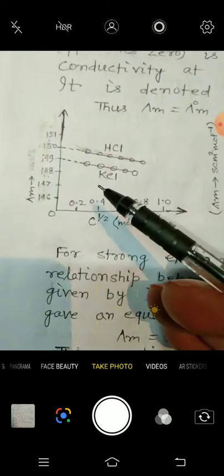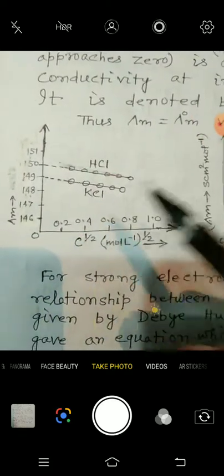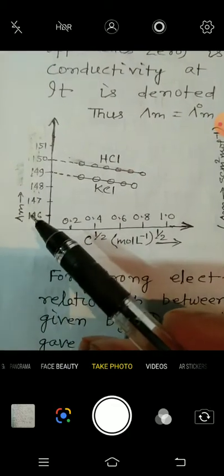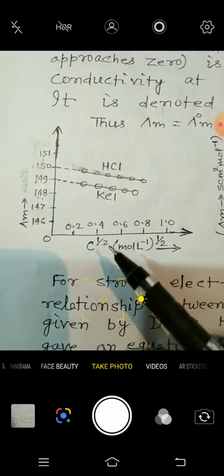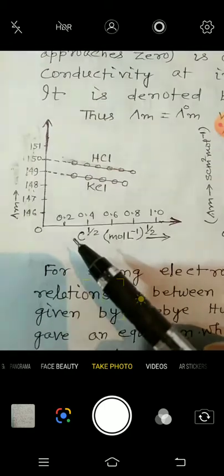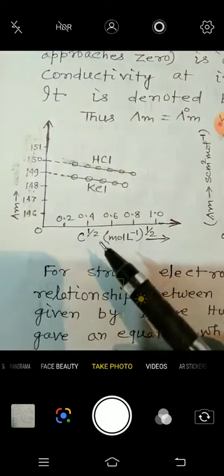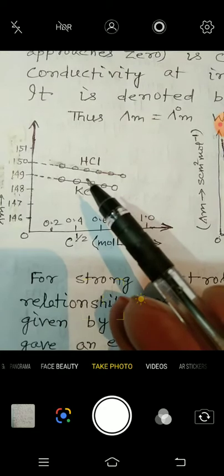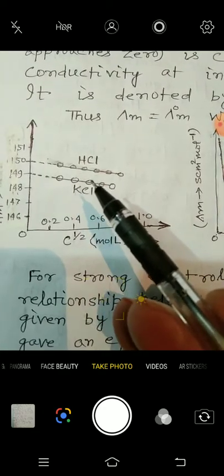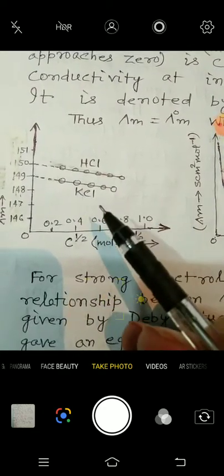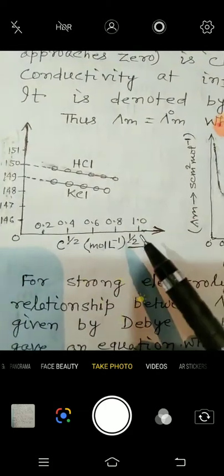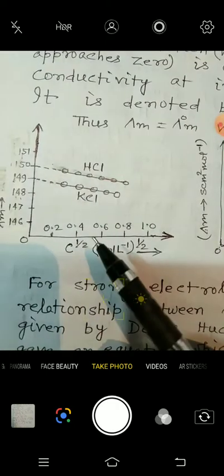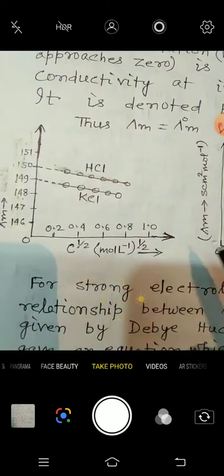So, this is the graph which shows how molar conductivity of an electrolyte varies with concentration. This is a graph between molar conductivity and concentration for both strong electrolytes. You can see here that concentration decreases on this side and increases towards the right side.